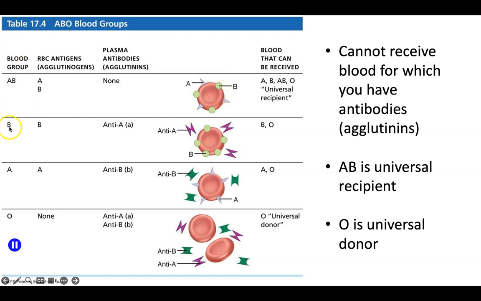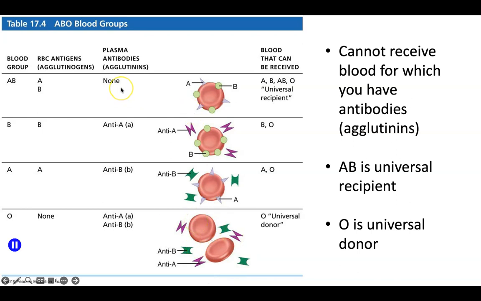If you're in blood group B, you can see only the antigens for B are found on the surface of red blood cells. If you are in blood group A, only the antigens for A are on the surface. And if you're type O, you can also think of this almost as type 0, but type O would mean you don't have either antigen on the surface of your red blood cells.